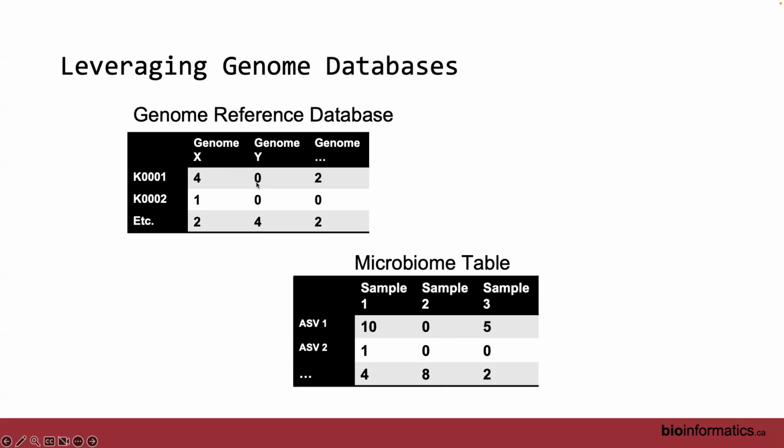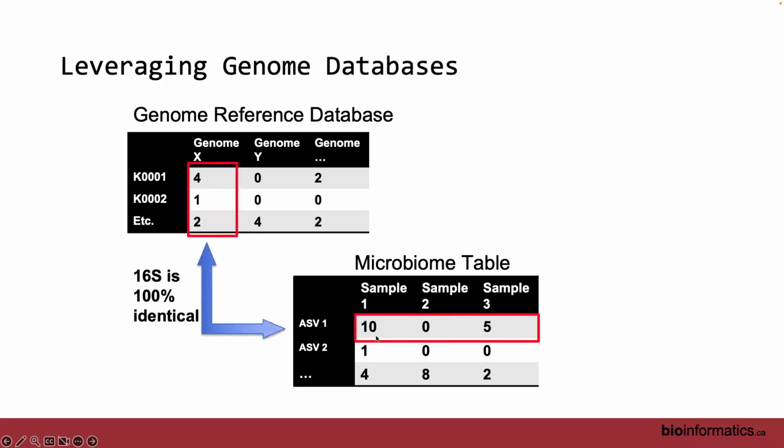And then you can imagine coming along with your table that you made from your 16S data, where you've collapsed them down to ASVs. And you have now samples by ASVs, right? These are representing counts of your taxa within your community. And then the simplest example is, what happens if this ASV is 100% identical to genome X in my reference database?